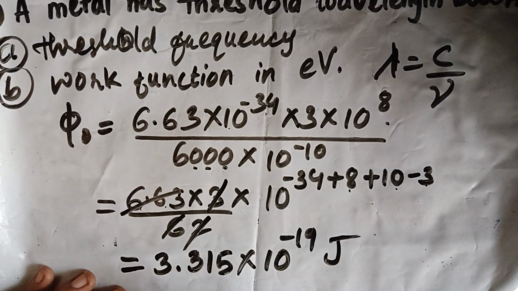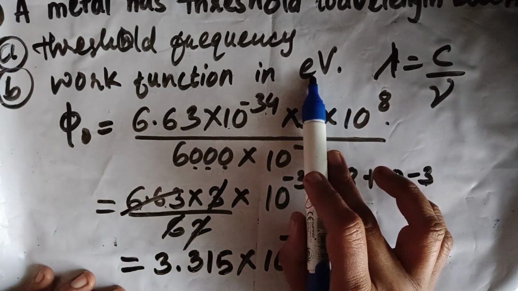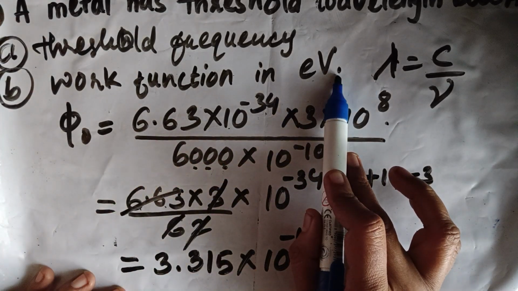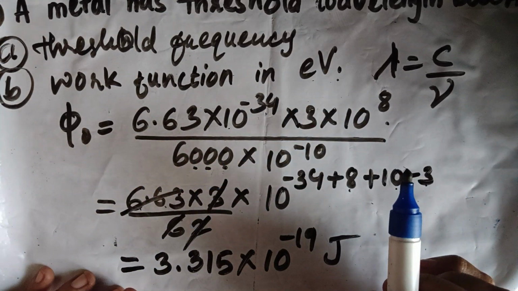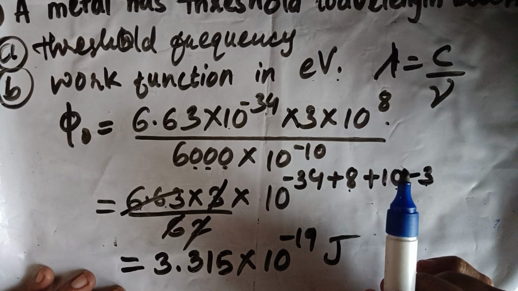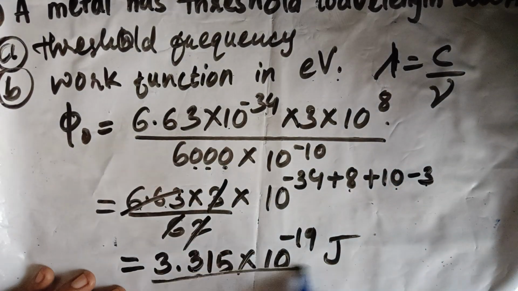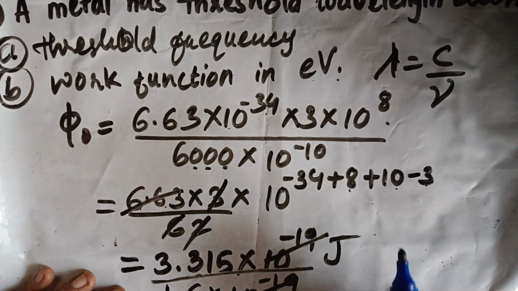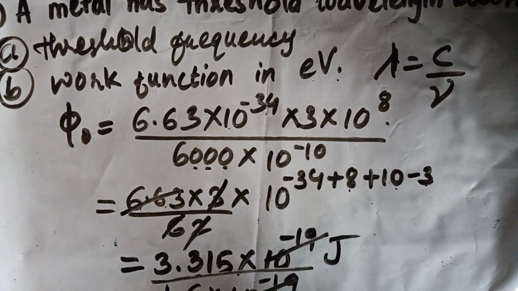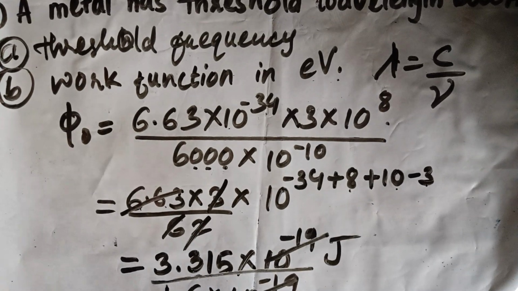But we have to find the work function in electron volt. So we have to divide by 1.6 into 10 raised to minus 19. So 3.315 upon 1.6.